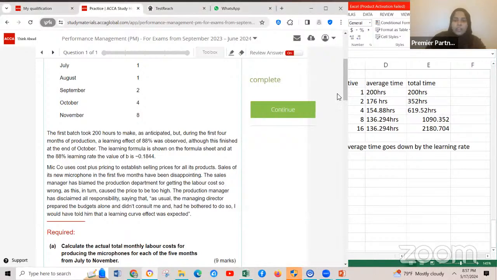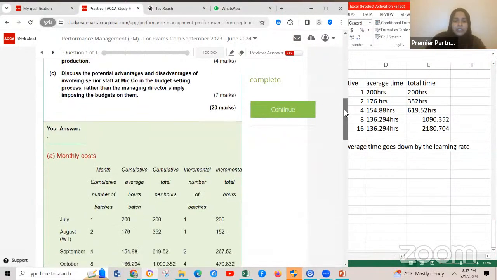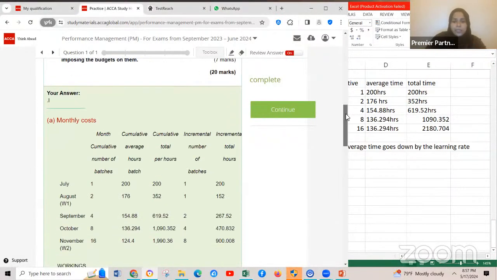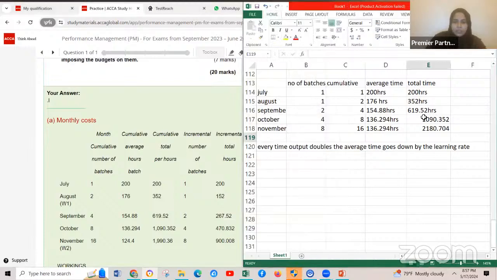So that is your total time. But I think they're asking the monthly, no? So we have to take total time per month. These are total times per batch.